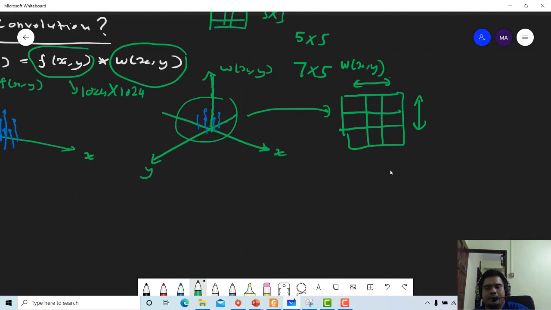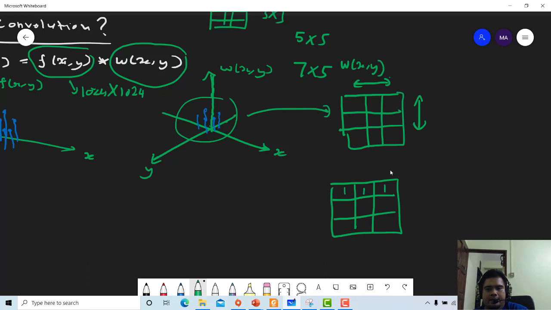For example, later you will see one of the filters, known as the averaging filter. The W of the averaging filter looks like this.